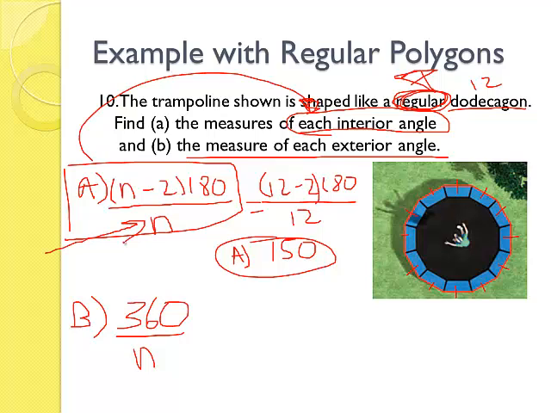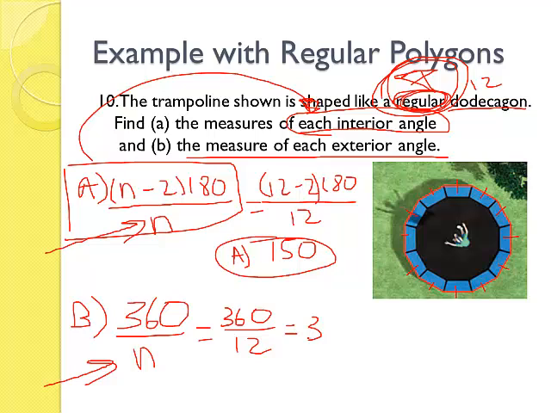In the interior we divide by the number of sides, and in the exterior we divide by the number of sides to find each one, but again, it only works for a regular polygon, one that has all the same side lengths and all the same angle measures. In this case, we know 360 degrees, we know 12 sides, so we divide and we get 30 degrees for each exterior angle. So that's B.